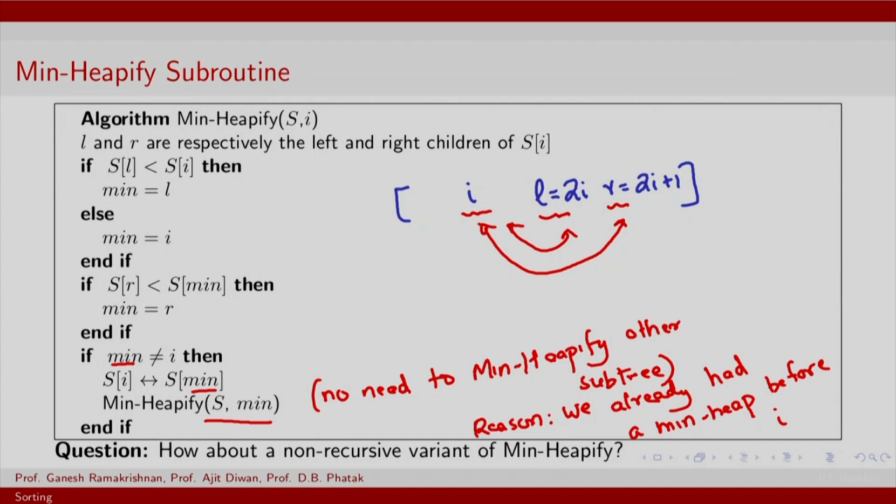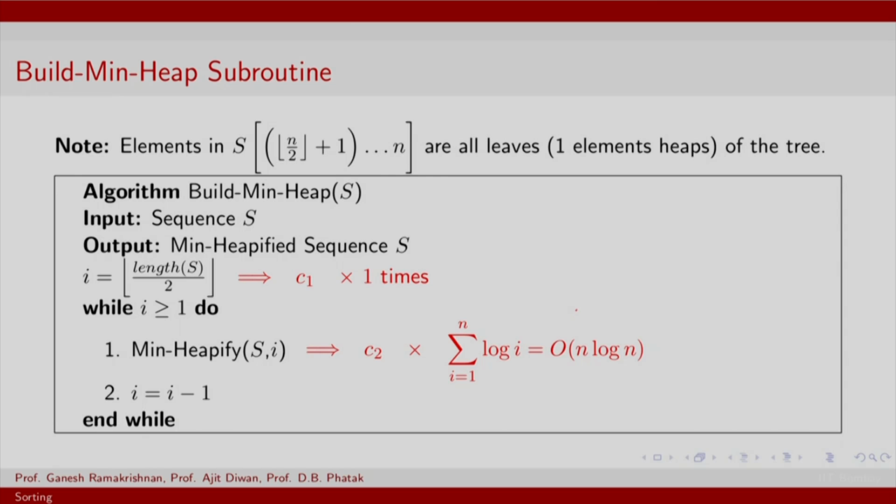So the whole purpose here is to ensure that insertion of a new element will honor the heap structure. The build min heap subroutine builds this entire initial heap from the array S, and again this happens in an in place manner.